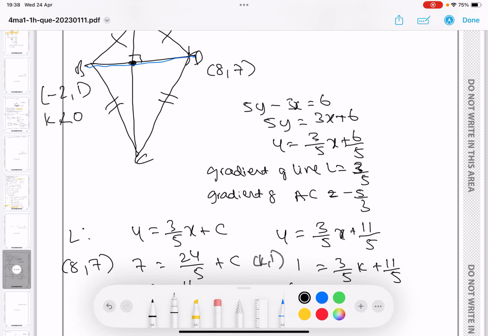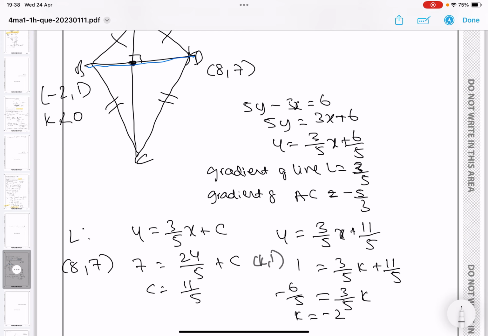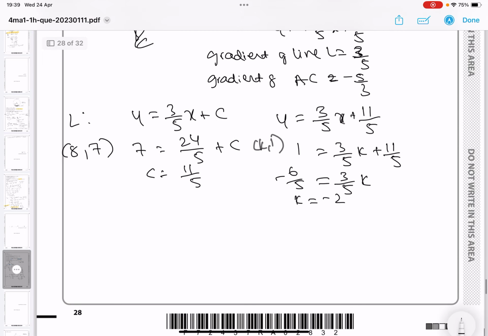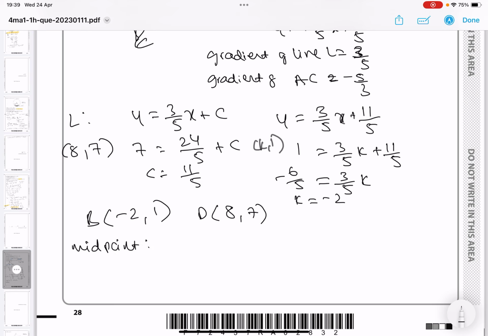And now easily you can find the midpoint of BD. We've got the coordinates of B, we've got the coordinates of D, and you can find the midpoint. So let's work out the midpoint of BD. B has coordinates minus 2, 1, and D has coordinates 8, 7. So the midpoint you work out by using this formula.